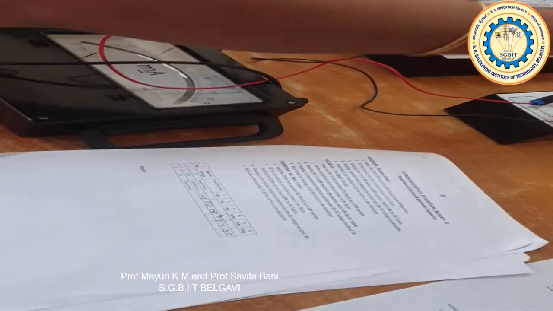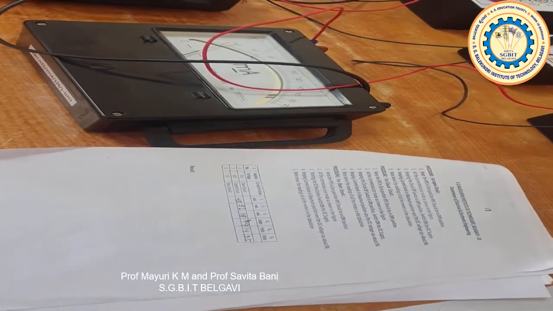So these are the voltages and currents when the circuit is healthy.